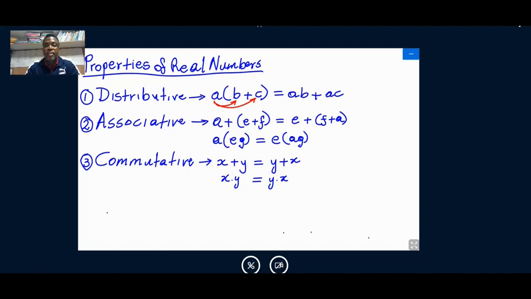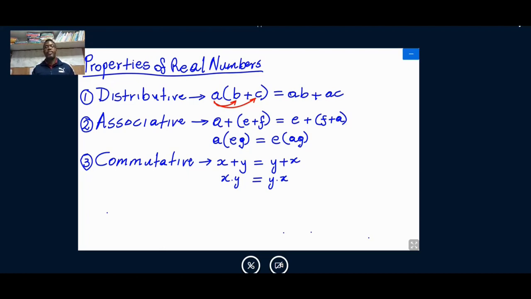Number 3 was the commutative property, where we talk about only 2 numbers and we talk about 2 operations. It's the multiplication and the addition. And again, we stated that the order does not matter.